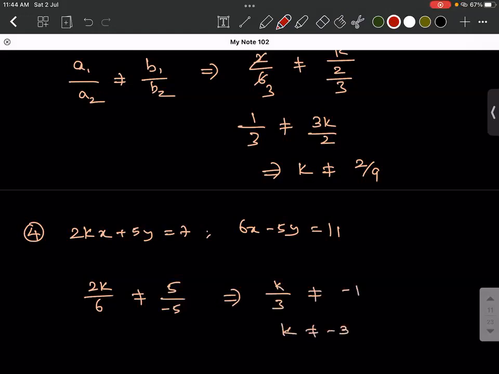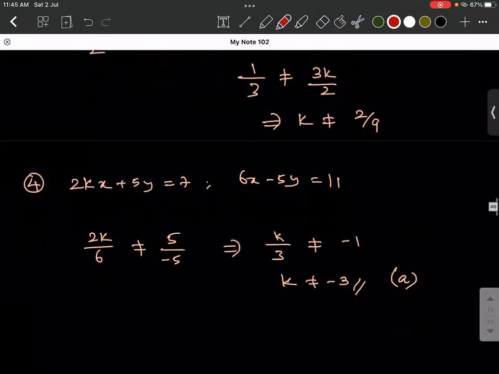So k should not be equal to minus 3. So treat it like equal to only, but keep putting not equal to symbol. So k should not be equal to minus 3. That's the option. What is the option number? Option A. A only, no? Okay.